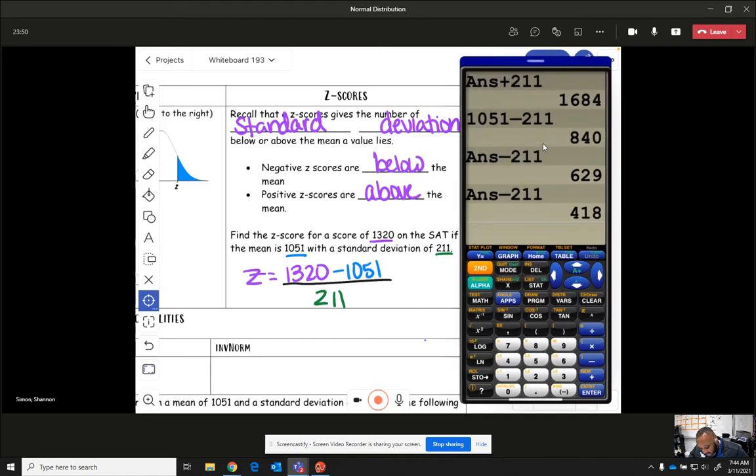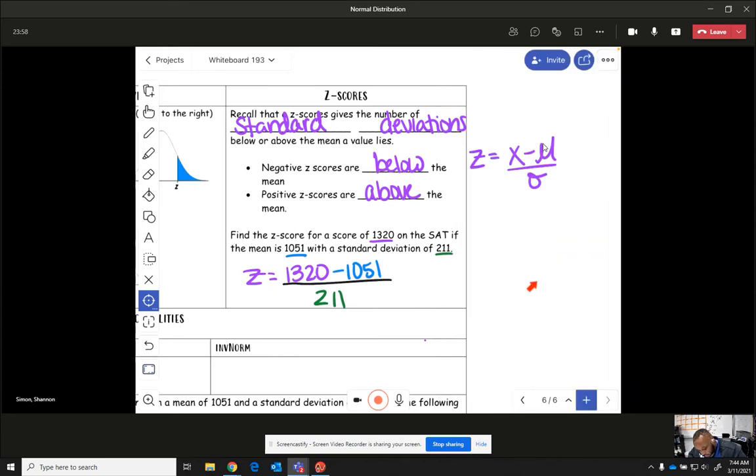So let's calculate that z-score. 1320 minus 1051 divided by 211 is 1.27. So this is equal to 1.27.